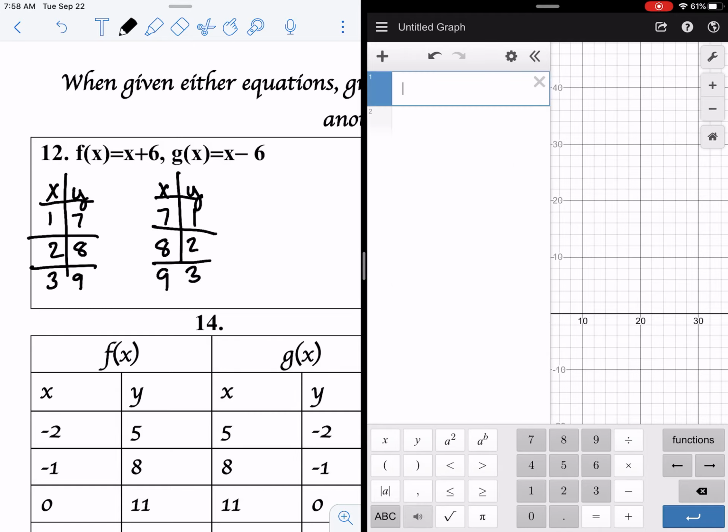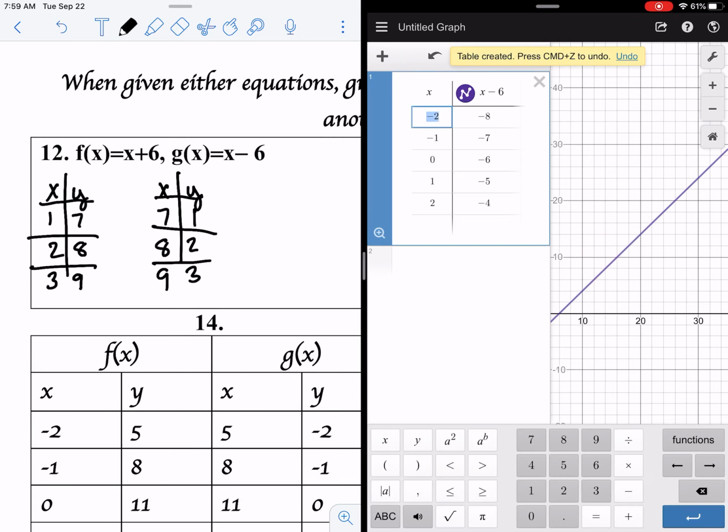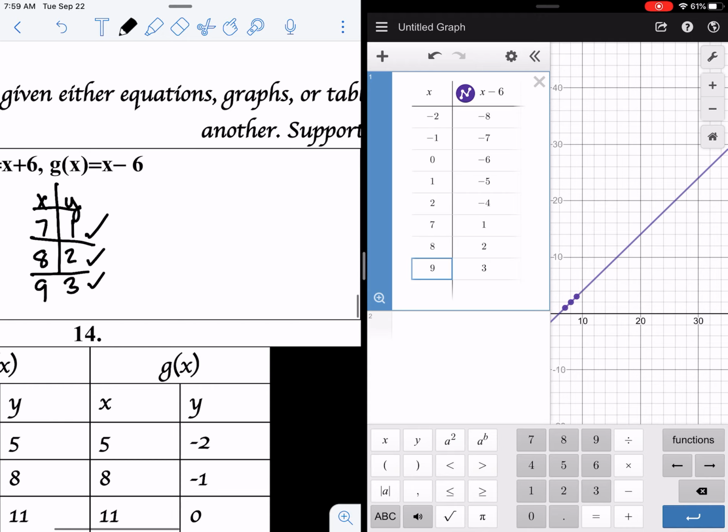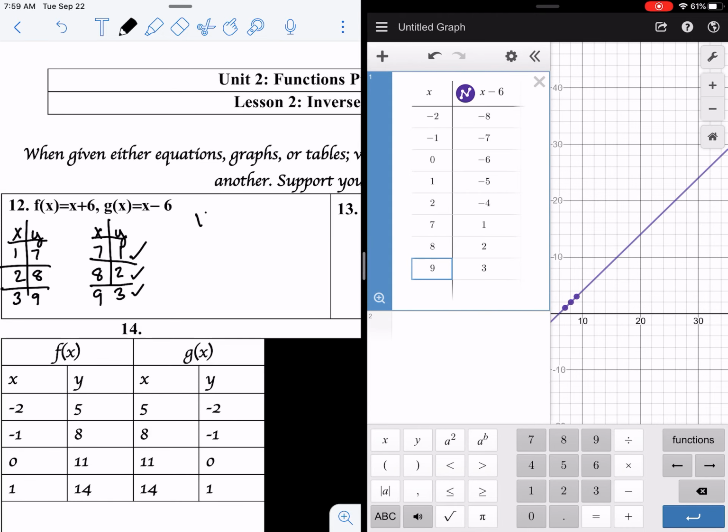So I'm going to erase that so I'm not looking at so much. I'm going to go y equals x minus 6. Pull up another table. Now I'm going to test these points. So 7, 1, that works. Remember, all 3 points must work. 8 gives me 2. And 9 gives me 3. So my response is going to be yes.